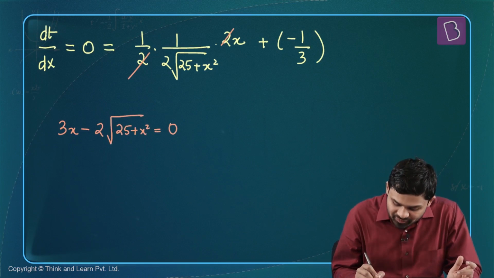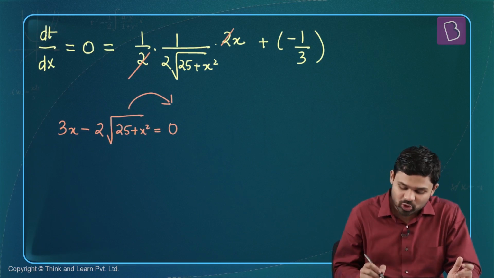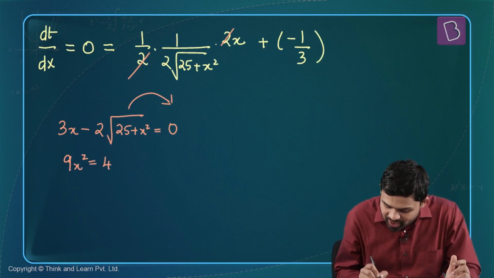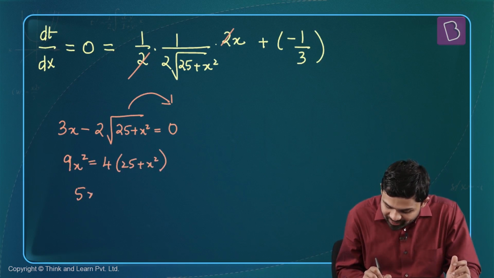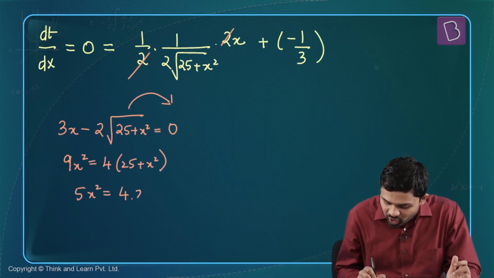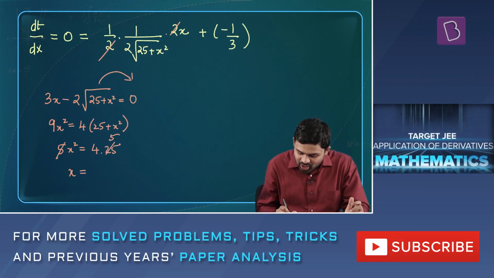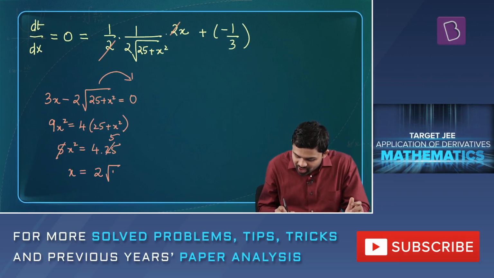I take the root of 25 plus x square with the 2 onto the other side and square it to get 9x square is 4 times 25 plus x square, or I get 5x square to be equal to 4 times 25, and upon simplifying I get x equal to 2 times under root of 5.